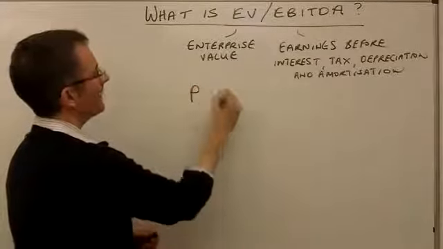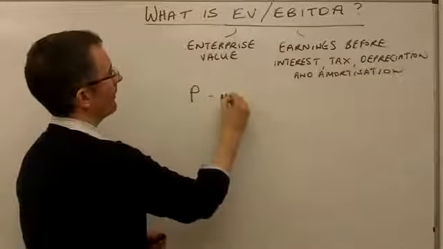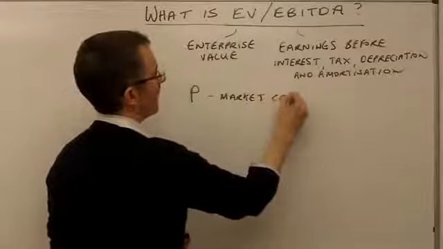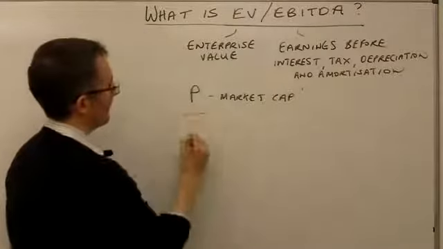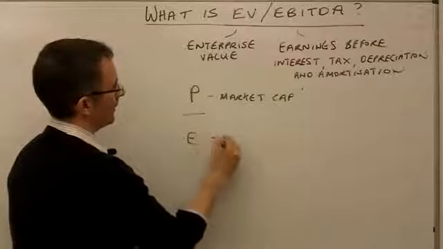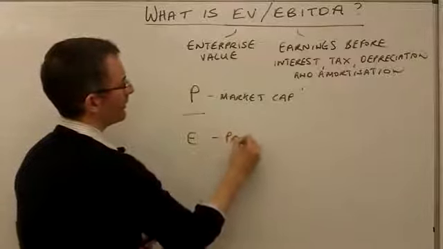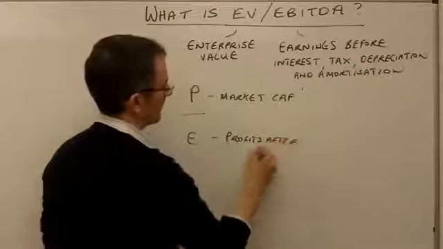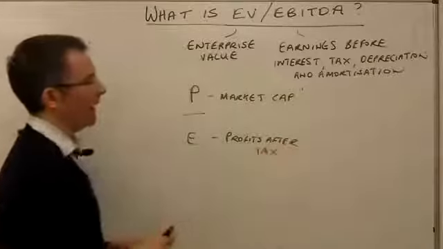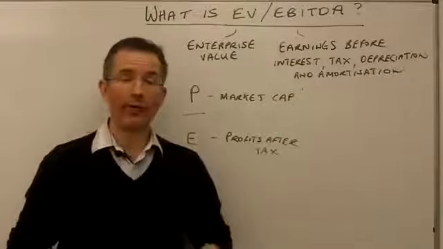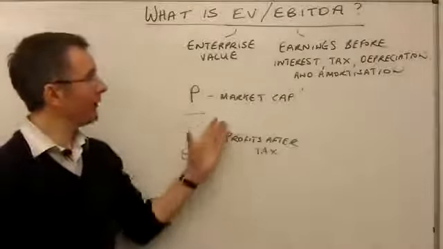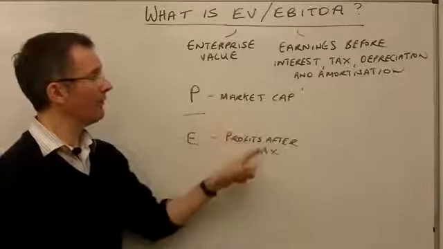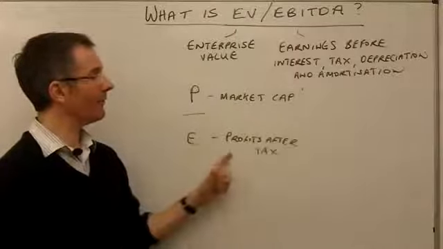The P is Tesco's market capitalization or market cap, and the E is simply profits after tax. Now, we've looked at PE ratios in more detail elsewhere, but a price to earnings ratio is just the contribution of shareholders as a multiple of 1 year's profit after tax.